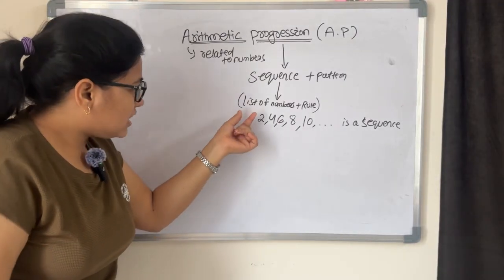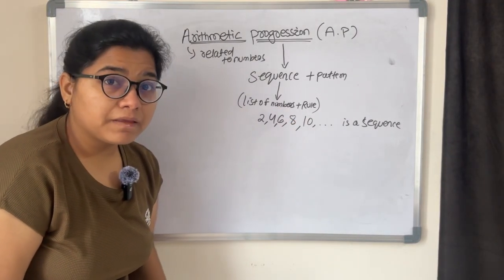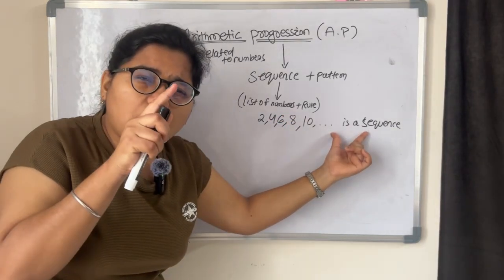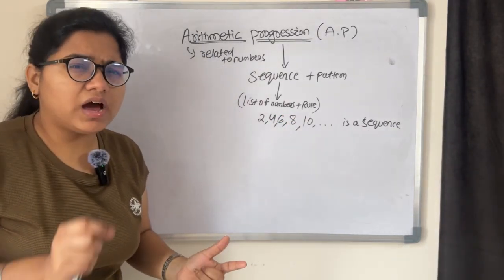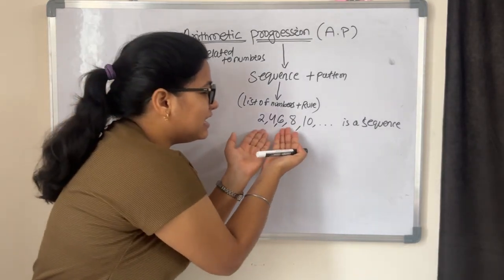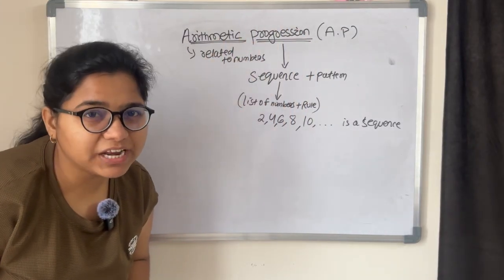See, this is a list of numbers, one rule is there, so it is a sequence. If this sequence follows a particular or specific pattern, then we can say that this sequence is in AP, or arithmetic progression.